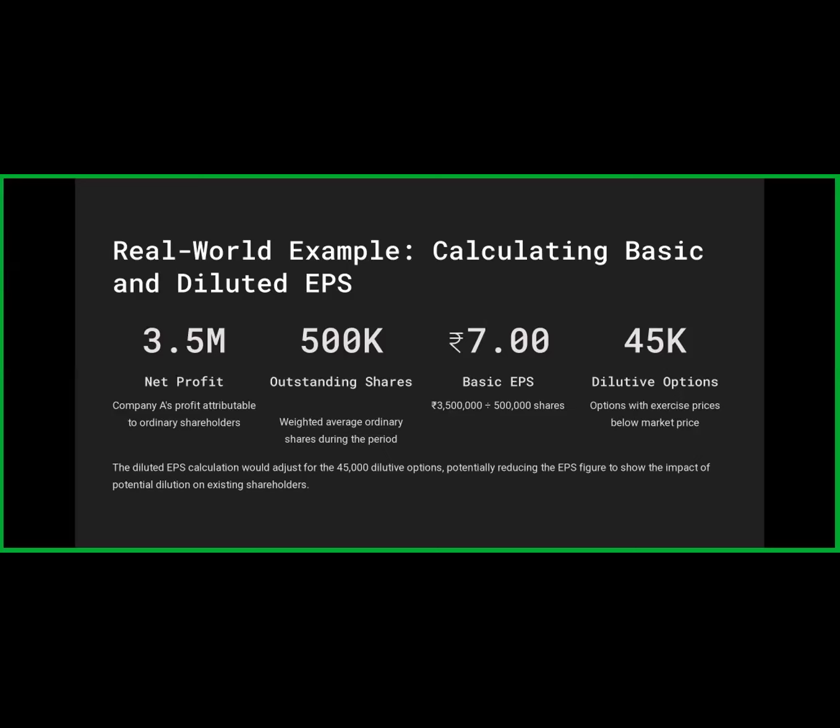So that the reader, or the stockholders who analyze the financial statements, have clarity that the company is earning how much profit, and how much each share gives the earning to their owners, to their shareholders. So this is a basic motto behind the Indian Accounting Standard 33.